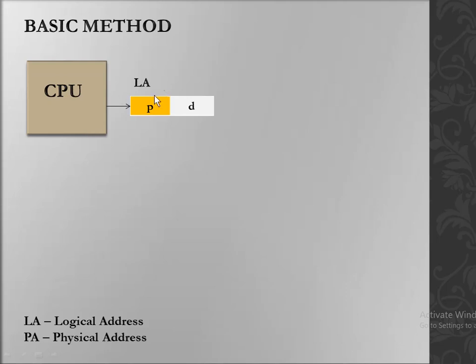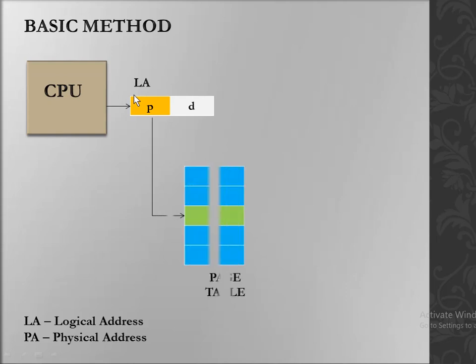The page number is an index to the page table. This page table will contain the actual frame number. By using this page number, you can identify the particular frame number.